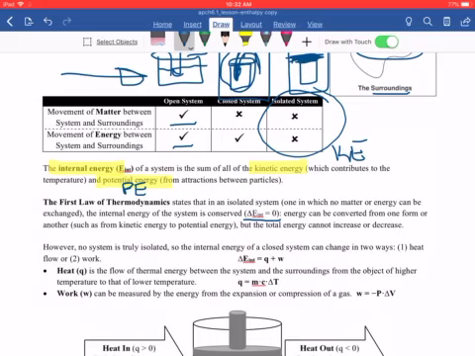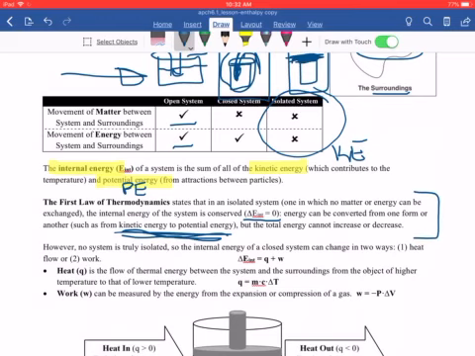Energy can be converted from one form to another, such as kinetic to potential energy. Think of it as like a bank account. You have your checkings and your savings. You can get money from your checkings and put it into your savings, or you can take money from your savings and put it into your checkings. That's essentially what kinetic versus potential energy does. But the total energy cannot increase or decrease. So this is the first law of thermodynamics.